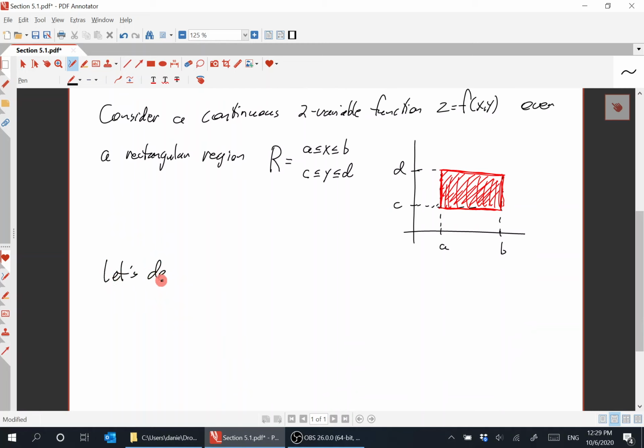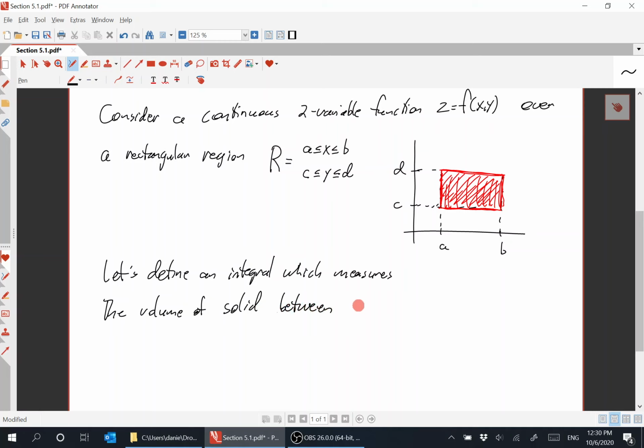So let's define an integral which measures the volume of the solid underneath, well, between the surface z equal to f(x,y) and the xy plane.